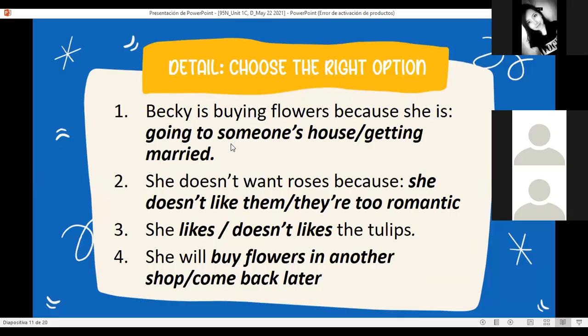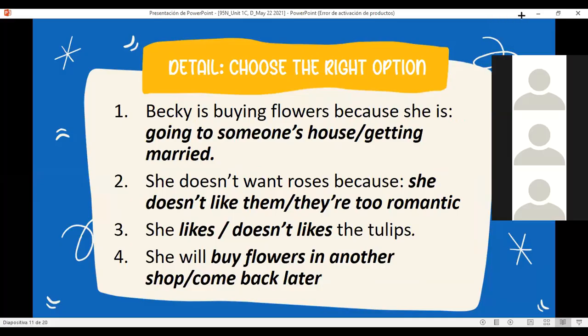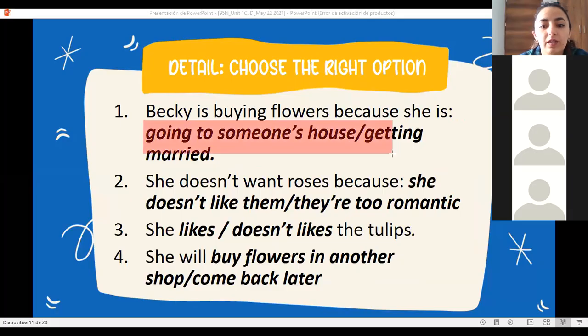She's going to someone's house or she's getting married? What would be the right answer? Going to someone's house. Thank you, Nikki.